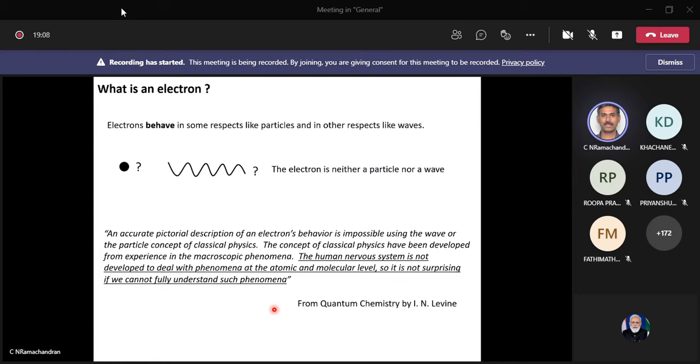That is acceptable if you are talking about planetary motion and all. But what about the minute things that we cannot even see? The human nervous system is not developed to deal with phenomena at the atomic and molecular level. So it is not surprising if we cannot fully understand such phenomena.